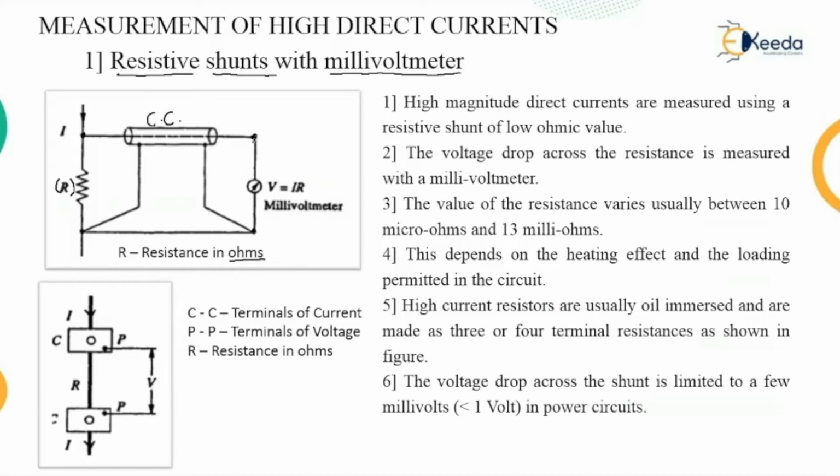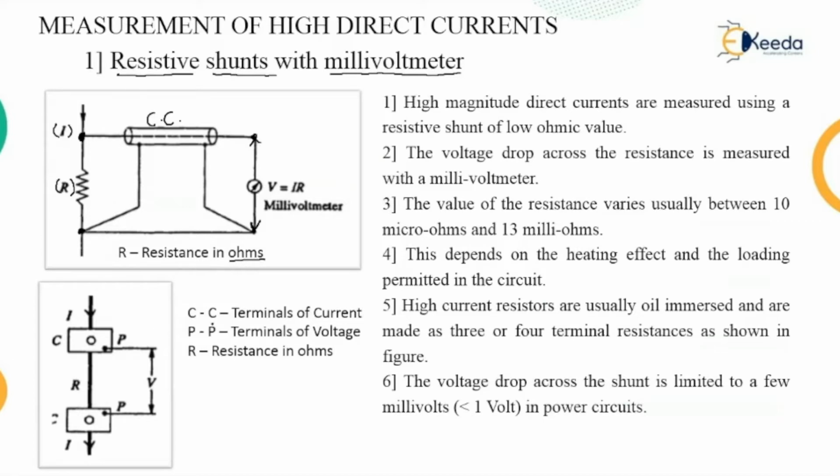This millivoltmeter basically measures the voltage drop which occurs across the resistance. These are the two terminals across which the voltmeter is connected, and that measures the value of the voltage. There is a high current, indicated as I, which passes through this resistance R.